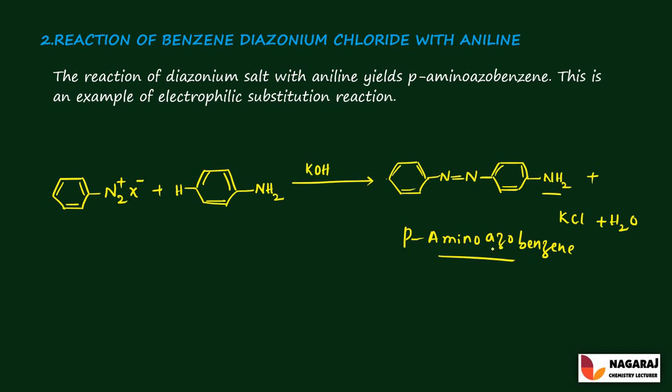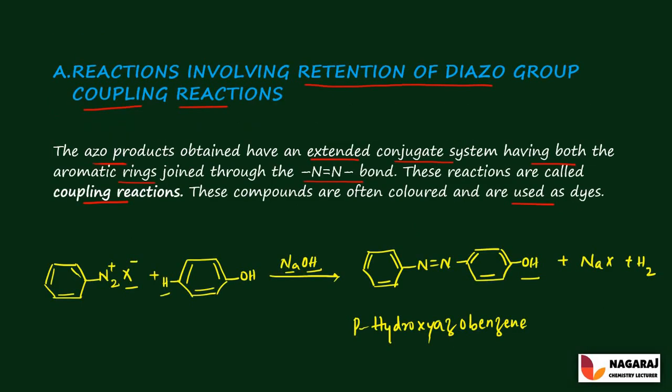It has a yellow color, so it is called a yellow dye, and in the previous reaction the obtained product has an orange color, so that compound is an orange dye. These are the two chemical reactions involving the retention of the diazo group, called coupling reactions.